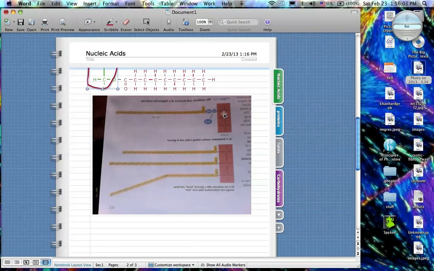In the fatty acid chains, in the hydrocarbon chains, you have hydrogen and carbon. You have a lot of them. And to be unsaturated, there are fewer than the maximum number of hydrogens at the double bond.